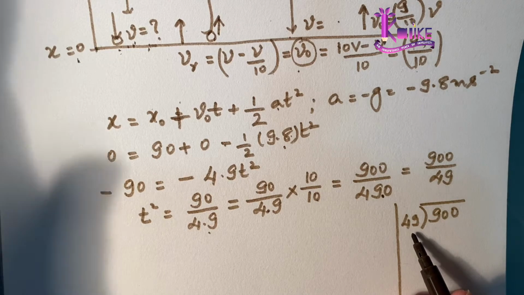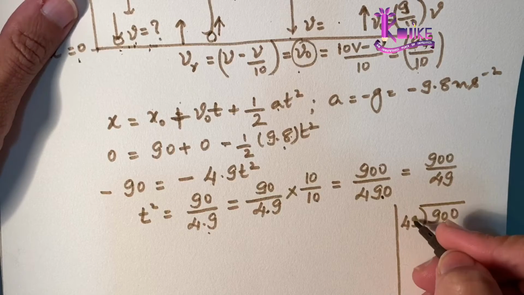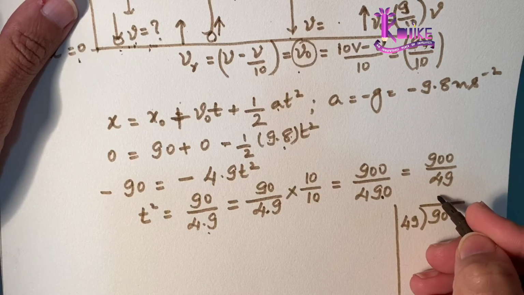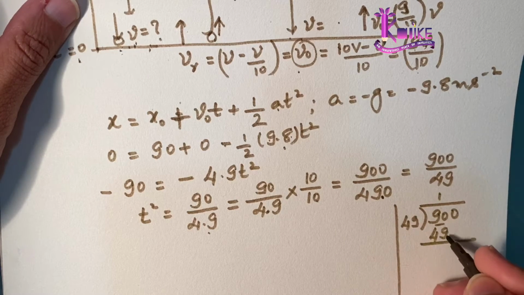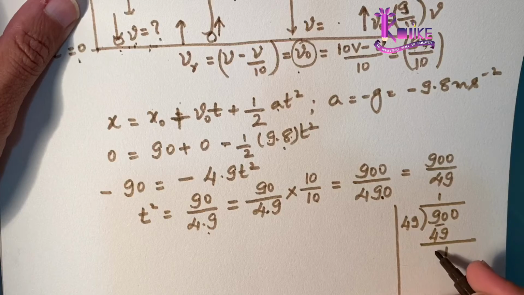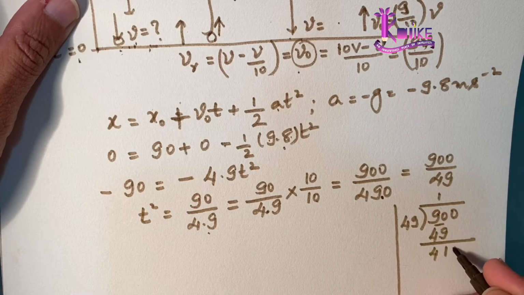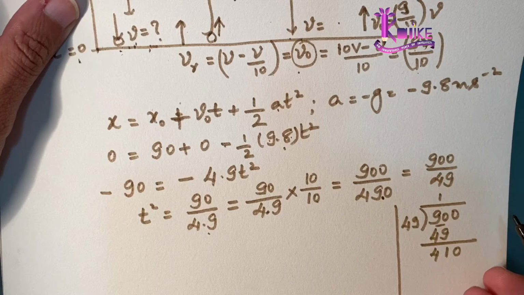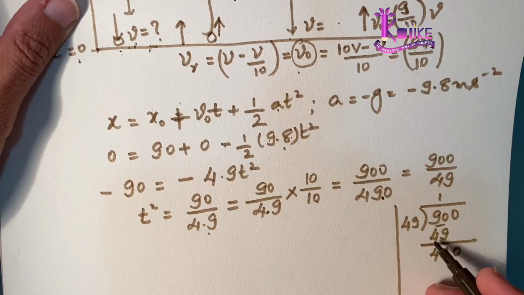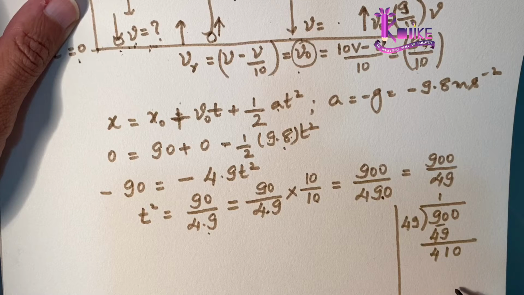So therefore, 2 fifties will be 100. So I'm just taking 90. So therefore, 49 ones are 49. So 10 minus 9 is 1, and 8 minus 4 is 4, and you borrow the 0, so it becomes 410. So 49 into 8 would be approximately 400. So I will multiply this also with 8.